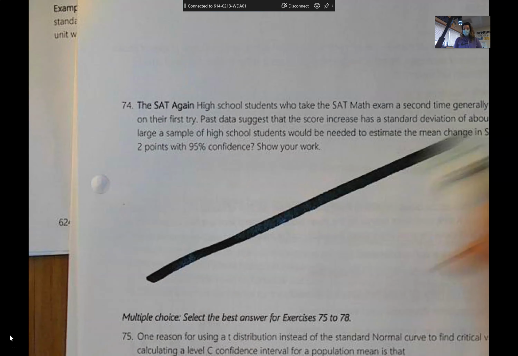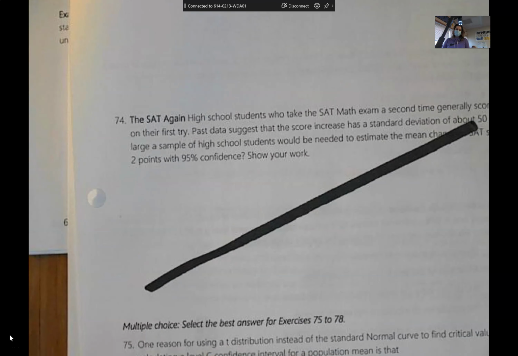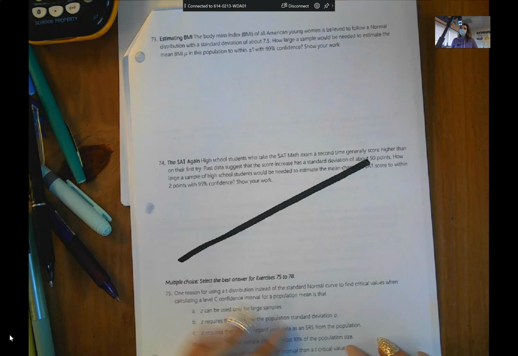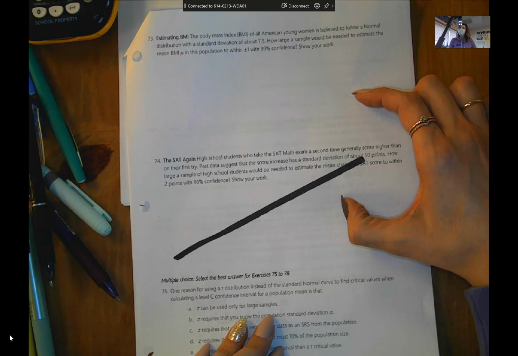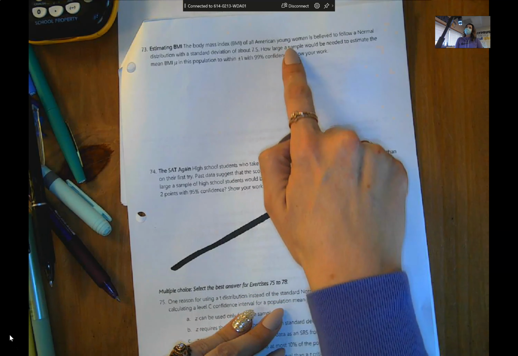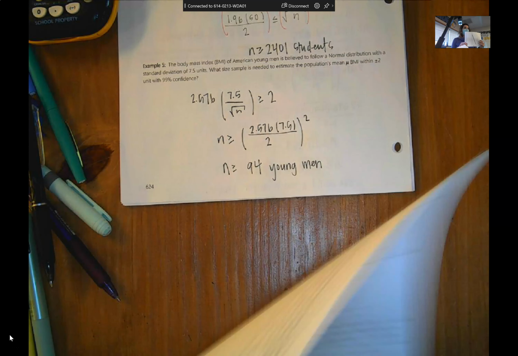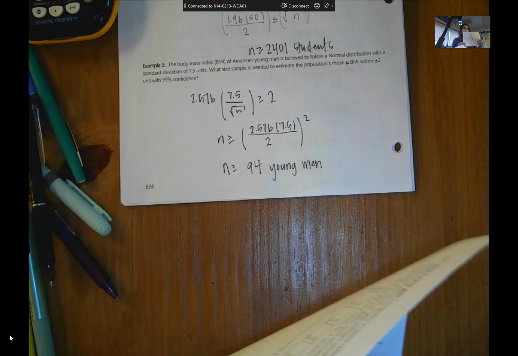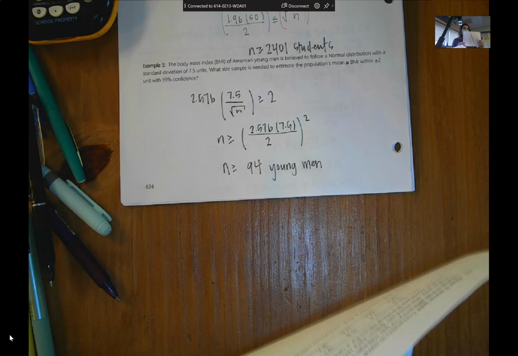So, to finish, can you do 63, just need to finish number 73, hopefully. Remember I told you to skip these two? You did the SAT in the notes. This looks like the one we just did, but it's young women, not young men. Know what I'm saying? Yes, no?